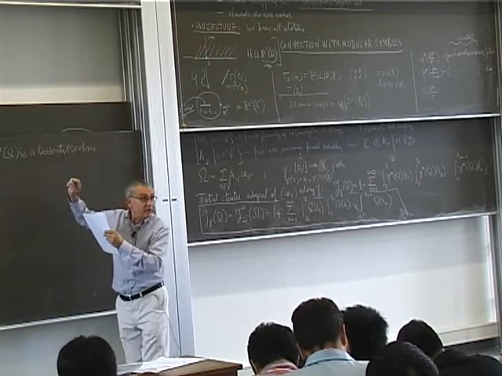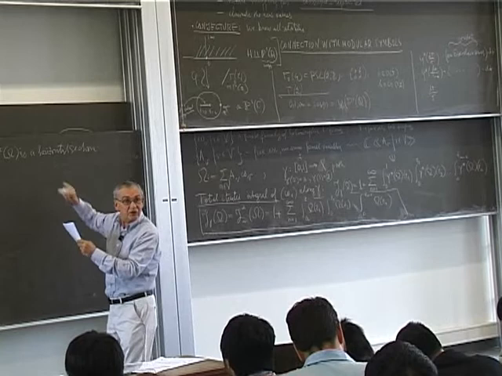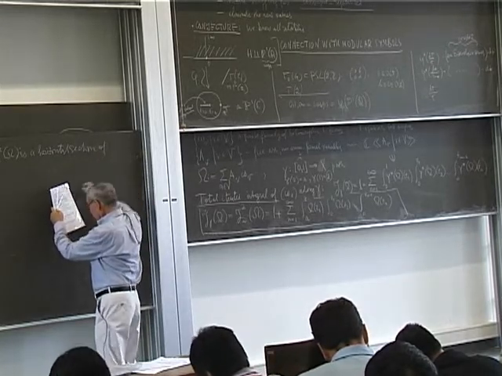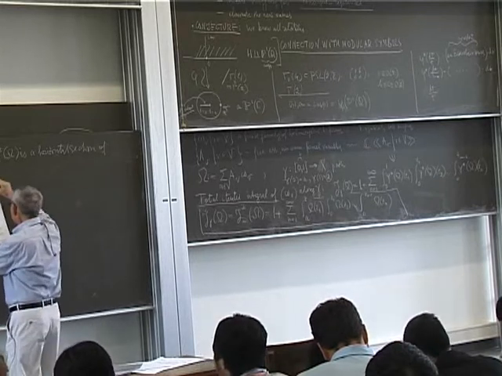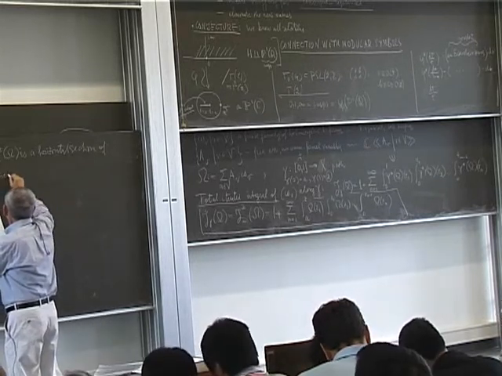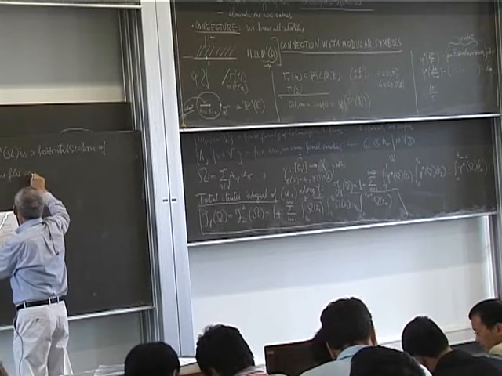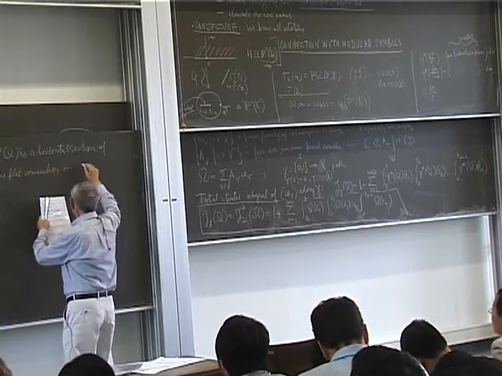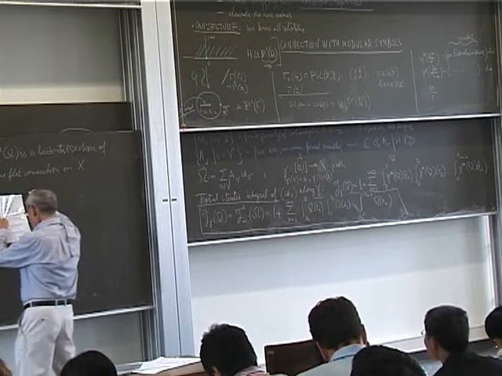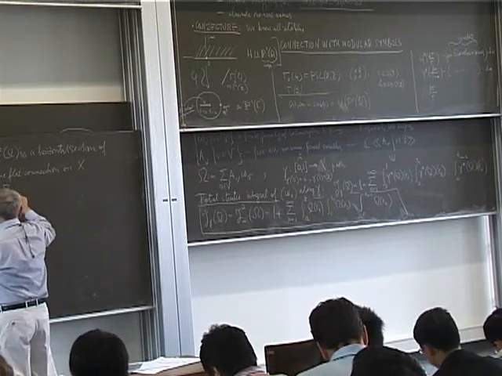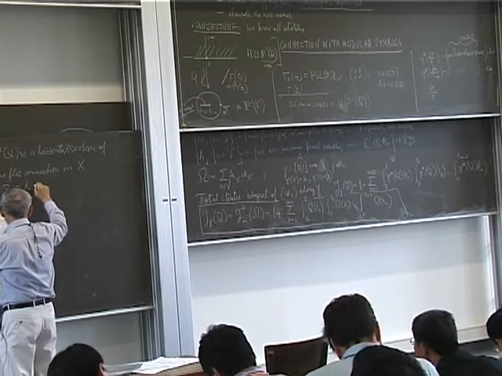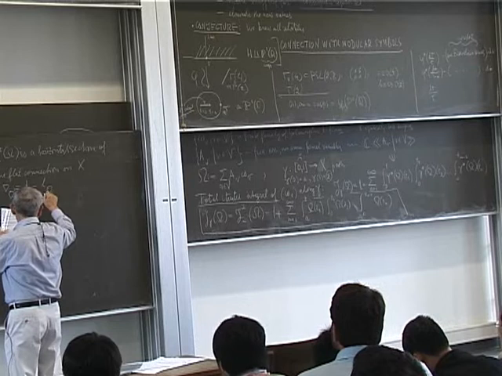Can I have three or four more minutes just to finish this proposition? A horizontal section of the flat connection on X, with the connection being just d with respect to Z minus left multiplication by omega.